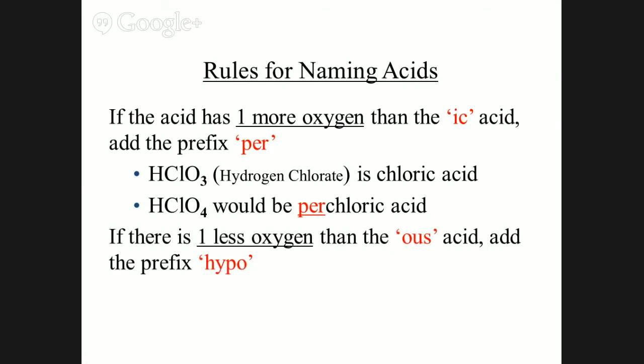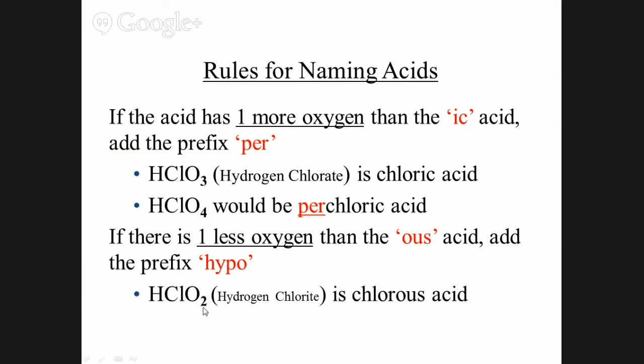If there's one less oxygen than the OUS acid, we have to add the prefix hypo. So for example, HClO2, notice that this has one less oxygen than it was up here. The OUSs, the ites, always have one less than the ates.